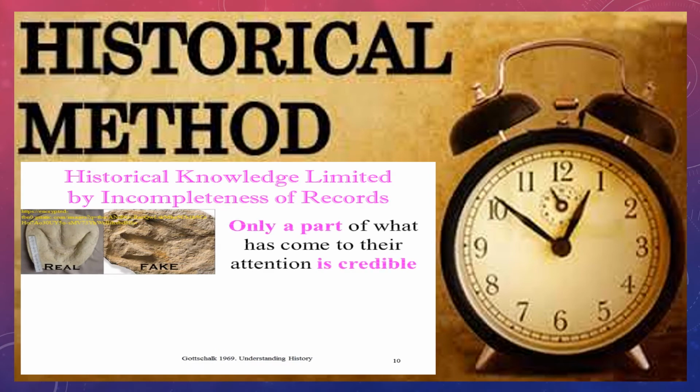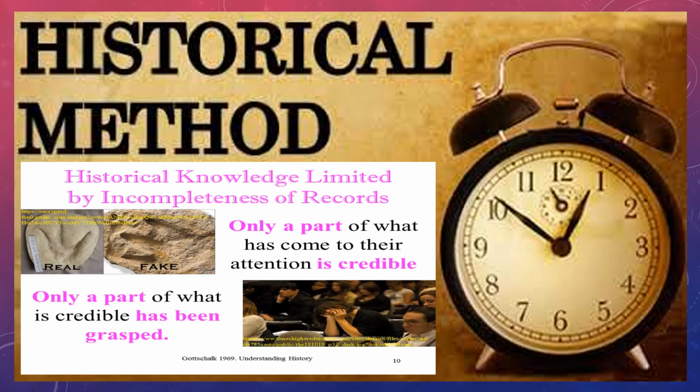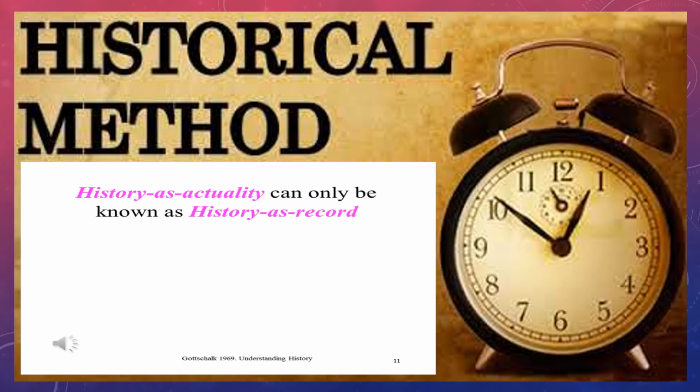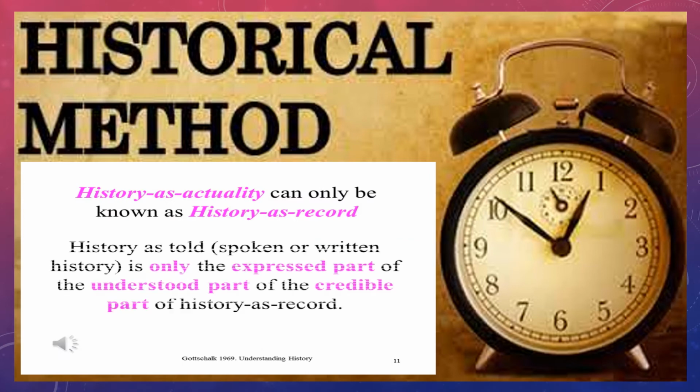Only a part of what has come to the historian's attention is credible. Only a part of what is credible has been grasped. Therefore, history as told, whether spoken or written, is only the expressed part of the understood part of the credible part of history as record.